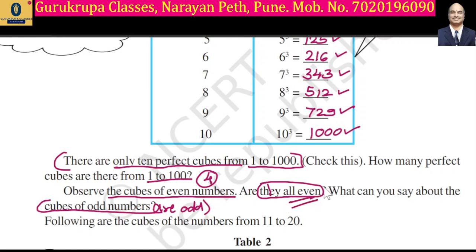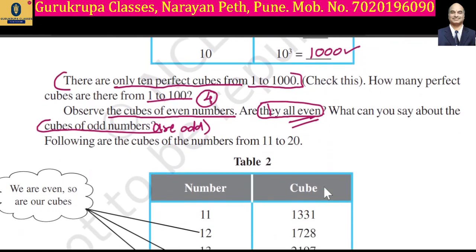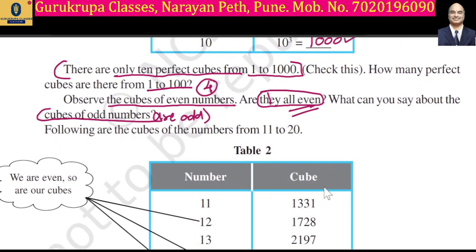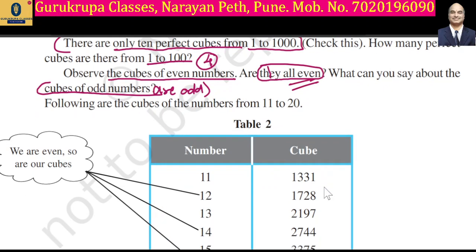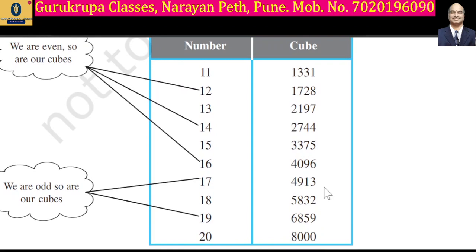So in this pattern we can say that the cube of an even number is also even, and the cube of an odd number is also an odd number. Now the next table is given to you from number 11 to 20.